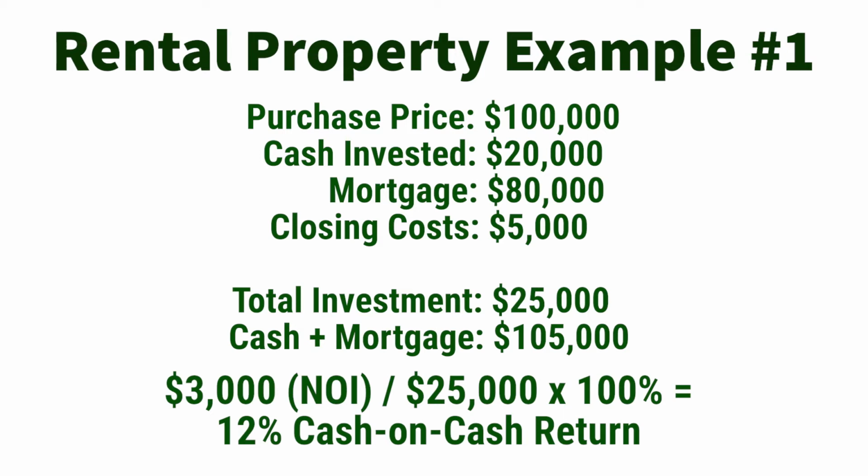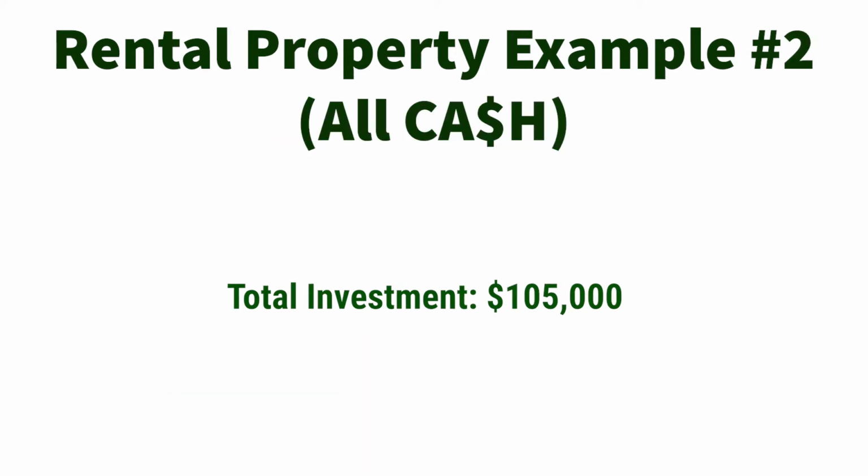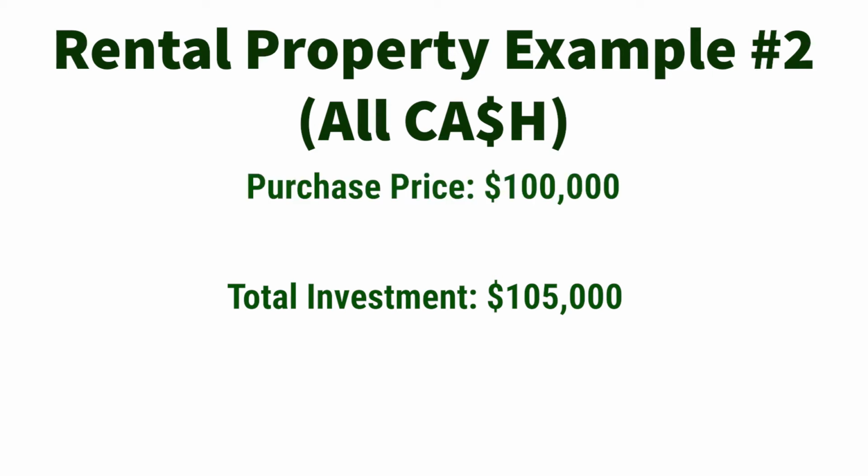If you buy the property all cash with no mortgage, you would have $105,000 in cash in the deal, $100,000 to buy the property, plus the same $5,000 in closing costs, but your net operating income would be higher because you wouldn't have a debt service expense, which is just another term for mortgage payments.